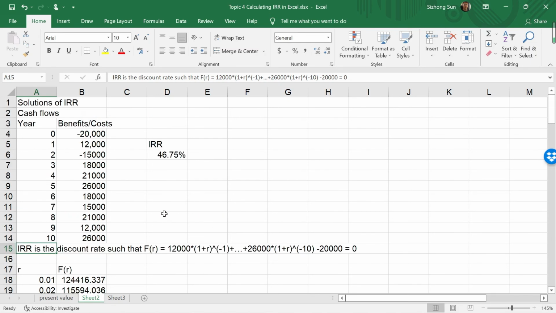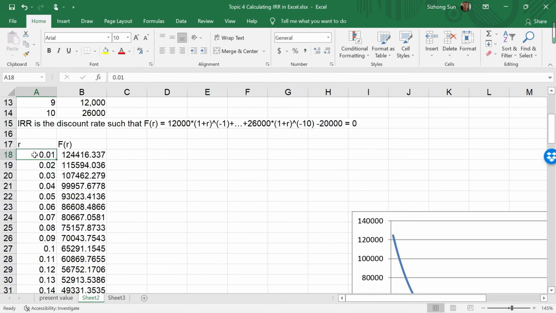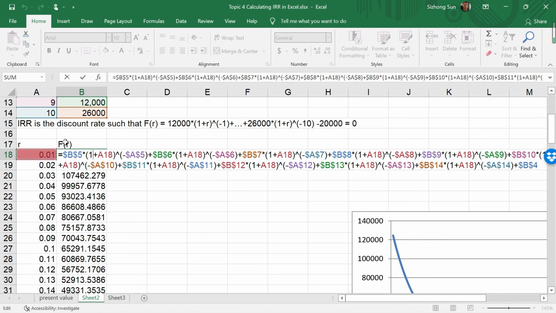What the computer or Excel is doing is, okay, let's guess. Suppose r is equal to 0.01, what is the associated f(r)? f(r) is the sum of this polynomial function.